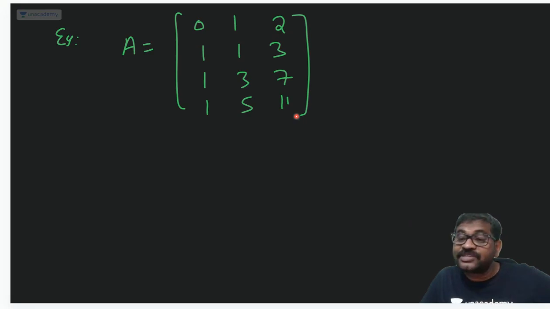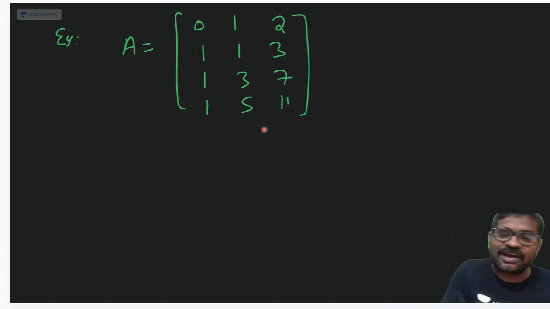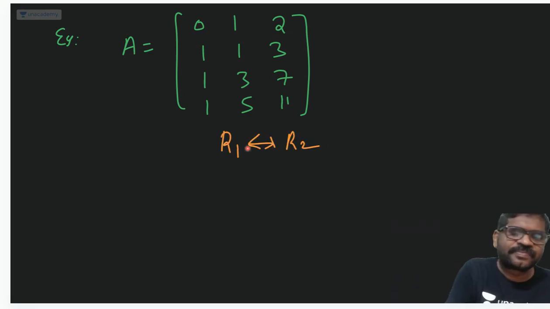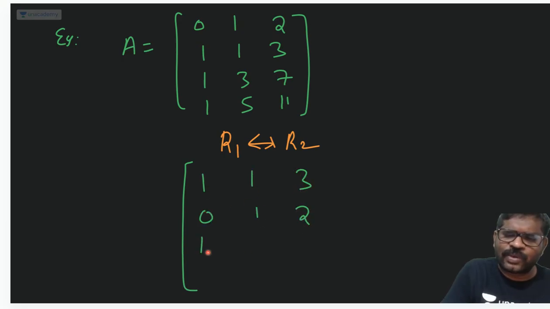The first element is 0. No problem. You can make the first element non-zero by interchanging R1 and R2. 1, 1, 3, 0; 1, 2, 1, 3; 7, 1, 5, 11. Verify.